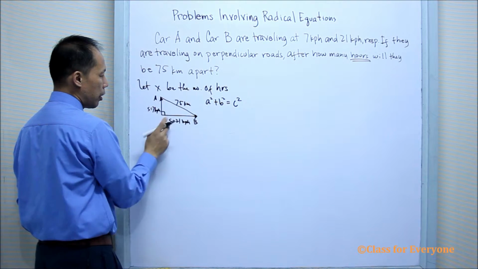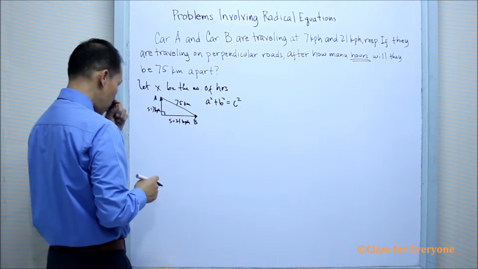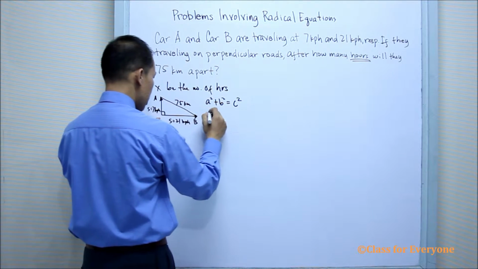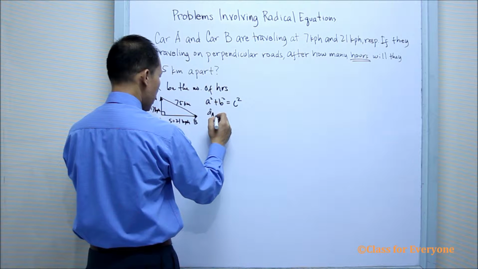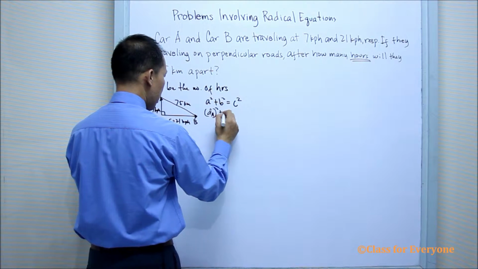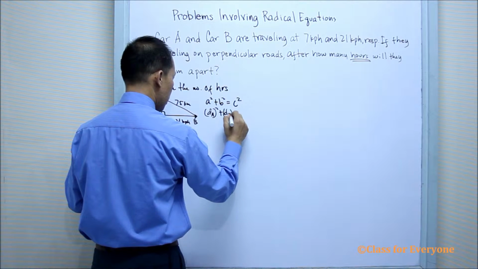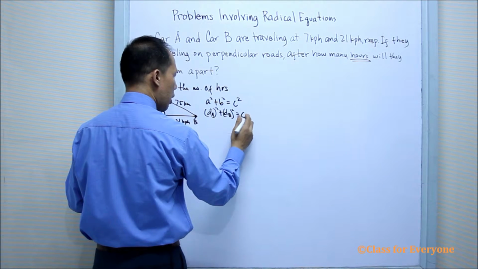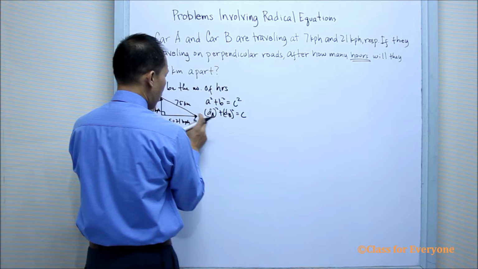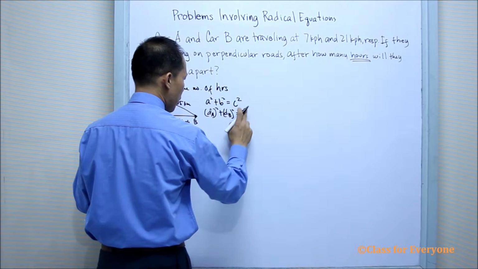So this must be the distance of car A, squared, plus the distance of car B, squared, is equal to the distance of 75 kilometers apart, squared.